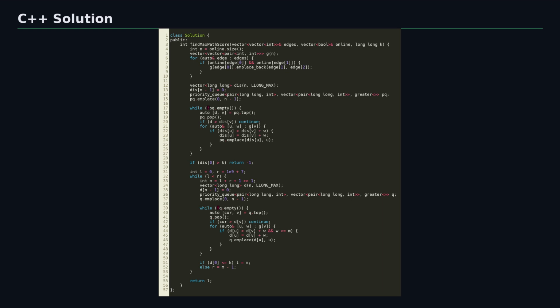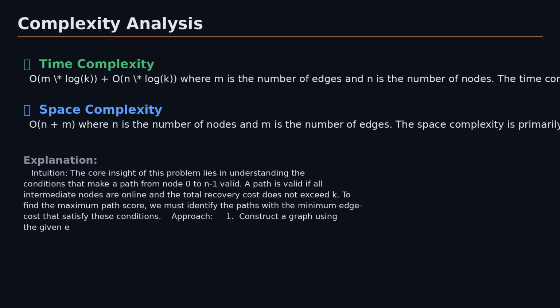We use a priority queue to keep track of the nodes with the minimum distance. We keep pulling nodes out of the queue, updating their distances, and pushing their neighbors back into the queue. Once we've found the shortest path, we start the binary search. We keep adjusting the search range until we find the maximum path score.